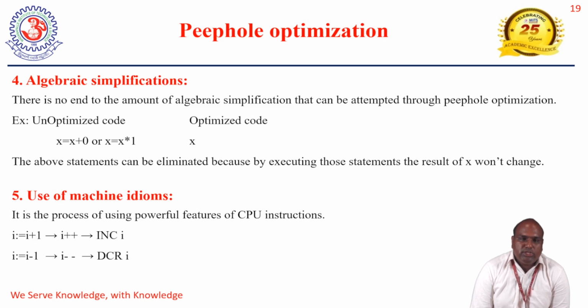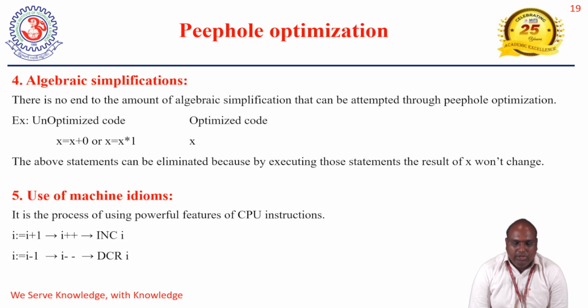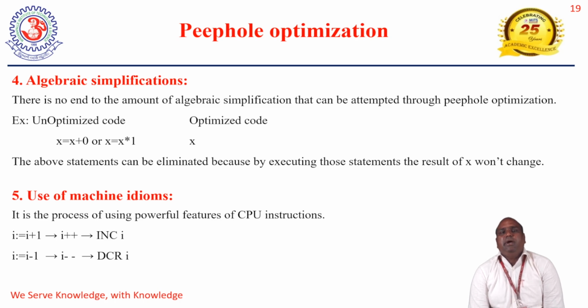I equal to I plus 1 means I am increasing the I value by 1. Instead of doing that, I can use INC I directly. It will automatically increase the value of I by 1. That is the machine idiom or machine instruction. This is predefined by the microprocessor. If you use microprocessor instructions, the compile time and the space of the program will automatically reduce.